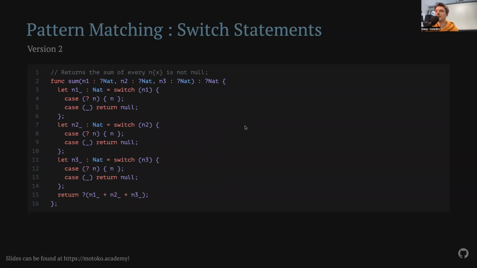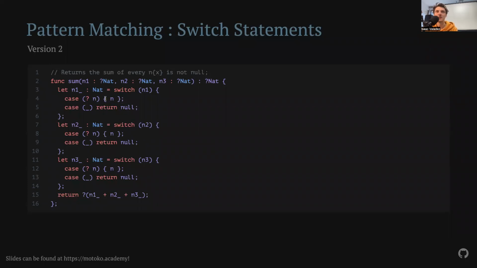Version 2 is another approach. It also does it one by one. It checks the first one. If it doesn't have a value, it returns null. The return null here really returns out of the function. It ends the function and returns it.